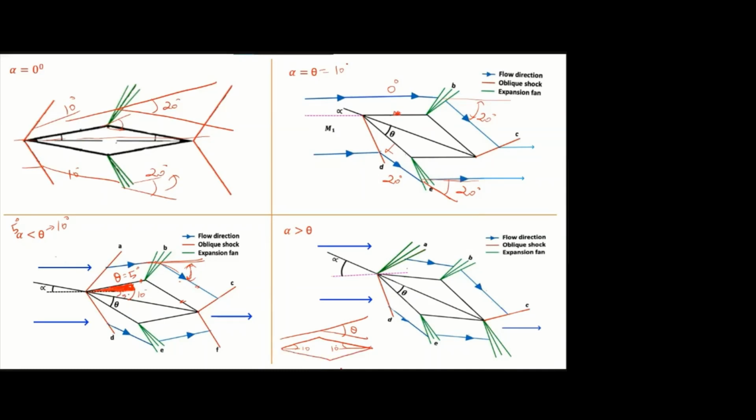Why 15? On the left, theta plus 5 degree would be the angle. I told, right, this flow is parallel to this wall, and this flow is parallel to this wall. 20. It is 20. Okay. Irrespective of the angle of attack, here it is 20. Okay. That is 2 theta. So always the flow is parallel to these two walls. Everywhere it is parallel to the wall. It is 20. Okay. So here 20 degree.